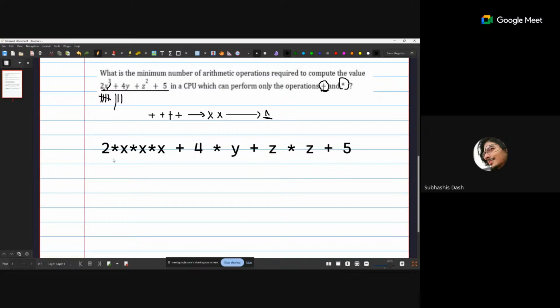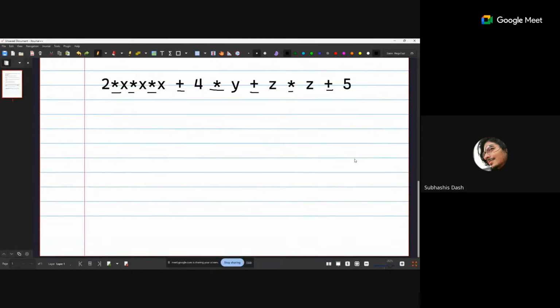So if we do that, then we get 1, 2, 3, 4, 5, 6, 7, and 8. Okay, so we just only need to simplify it, right? The equation in the form where it only uses these two operations. Is that okay, Mohit? Yes.